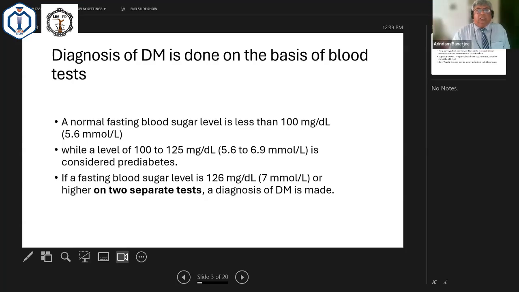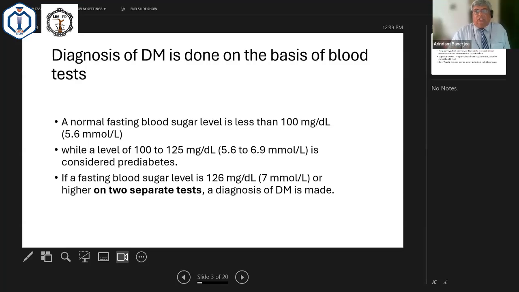Normally, a person goes for a blood test, and at that point, the person may not have too many symptoms. Then we do a blood sugar, and we find that the normal fasting level is quite high. If it is slightly high, we can call it pre-diabetes. But if it is significantly high, then we have to start treating it as a proper form of diabetes.